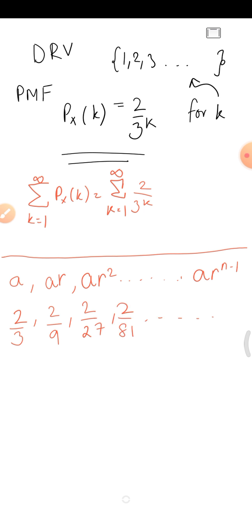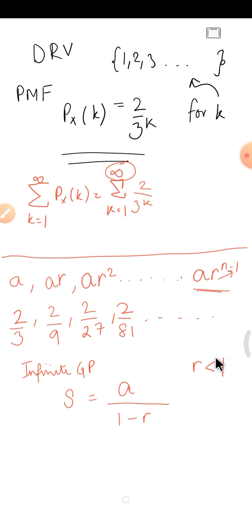Now here's a catch. If this is up to infinity, we will use the formula for infinite GP. The sum would be the first term, which is a, upon 1 minus r, but there is a condition that mod of r must be less than 1. Fortunately here r is less than 1, so we can say that our sum would be 2 by 3 upon 1 minus r, where r is 1 by 3.